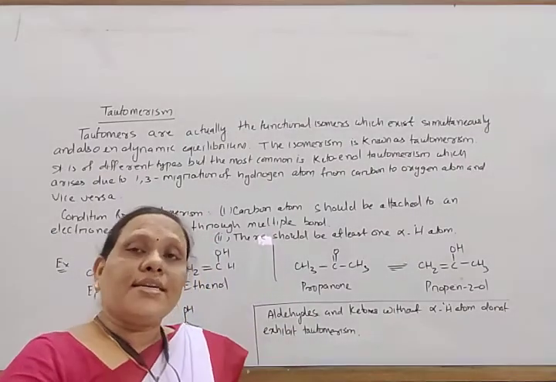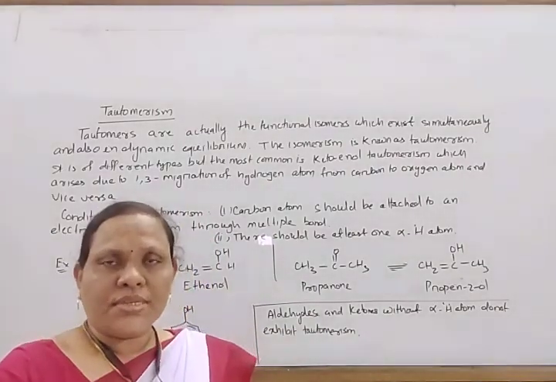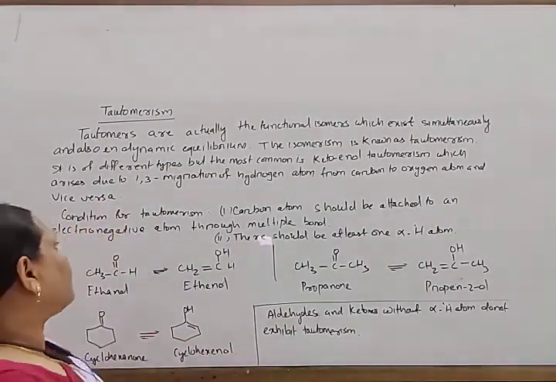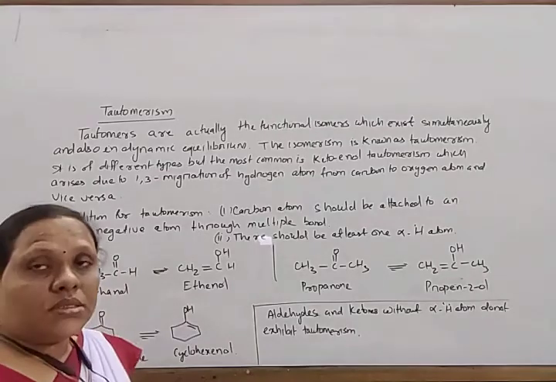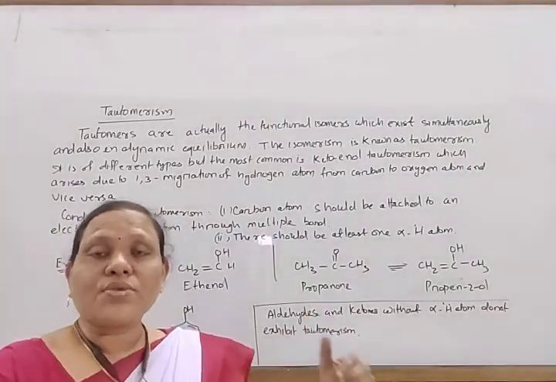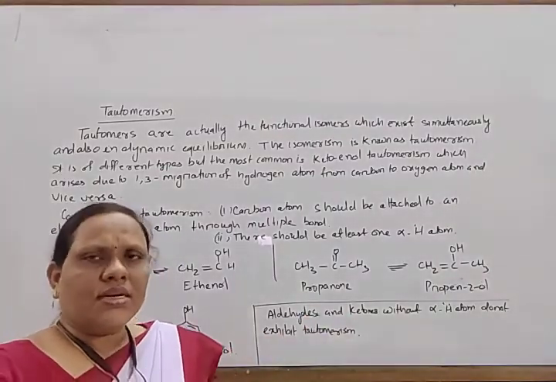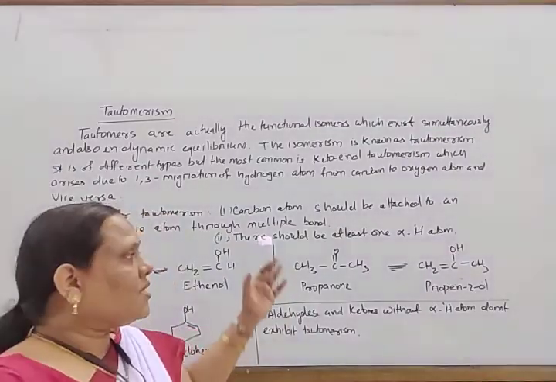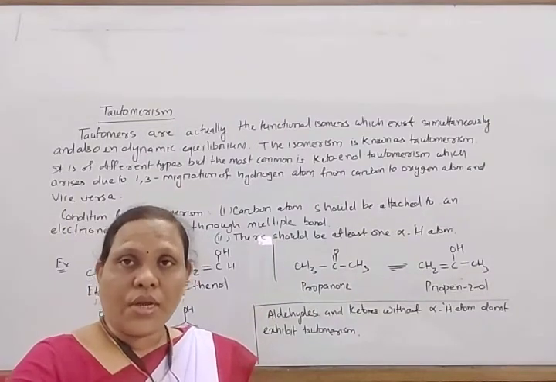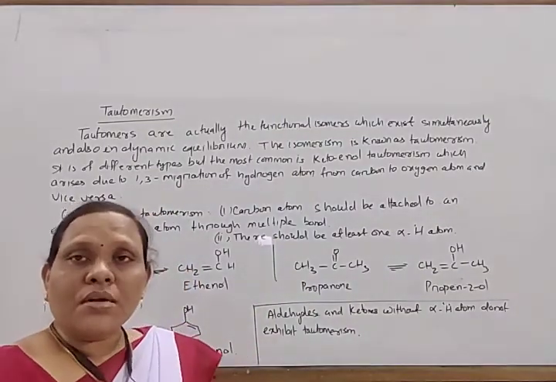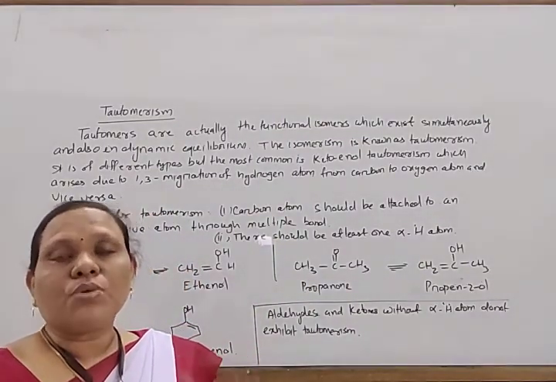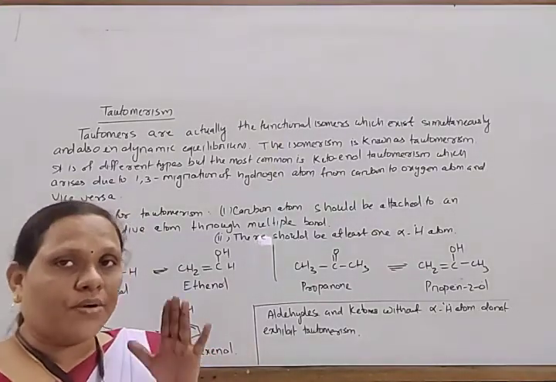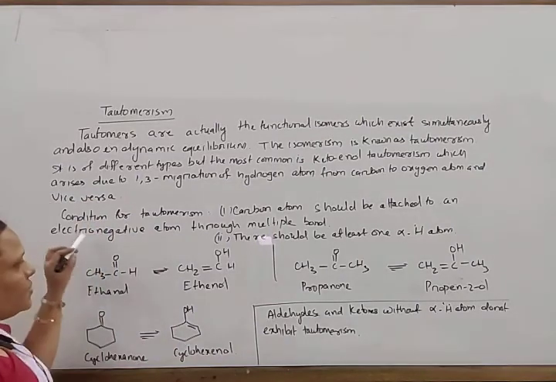There are different types of tautomerism, and the common one is keto-enol tautomerism. The conditions for tautomerism: the carbon atom should be attached to an electronegative atom like oxygen or nitrogen through a multiple bond, and there should be at least one alpha hydrogen atom. If it is attached to oxygen, that is known as keto-enol tautomerism.